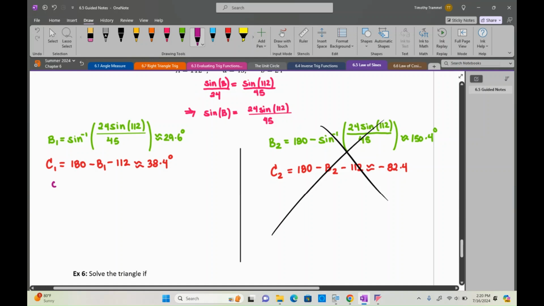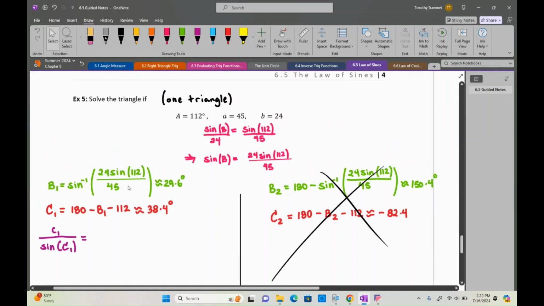All right, well, let's go ahead and find little c here now. So we have little c1 divided by sine of c1 is equal to, and so let's go with little a, which is 45, and we'll divide that by sine of big A, which is 112.